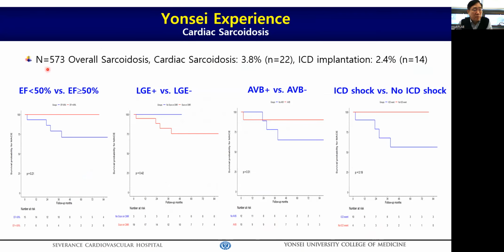Among over 573 patients with sarcoidosis, cardiac sarcoidosis was diagnosed in 3.8%, and ICD implantation was done in 2.4%. In the sub-analysis, reduced ejection fraction, late gadolinium enhancement positive, associated AV block, and appropriate ICD shocks show the worse survival outcome than their counterparts.